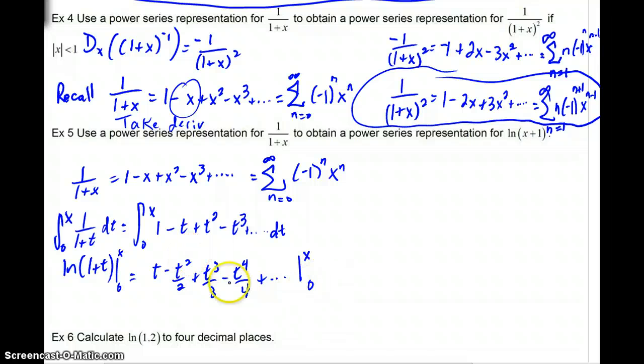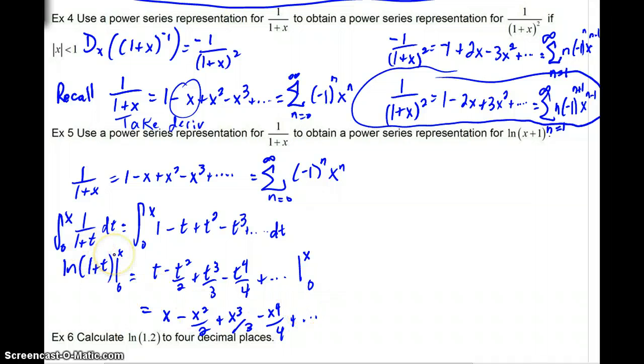We can see what's going to happen on this right side as we plug in our lower bound of 0. 0 wipes out everything here. We're left with x minus x squared over 2 plus x cubed over 3 minus x to the 4th over 4.